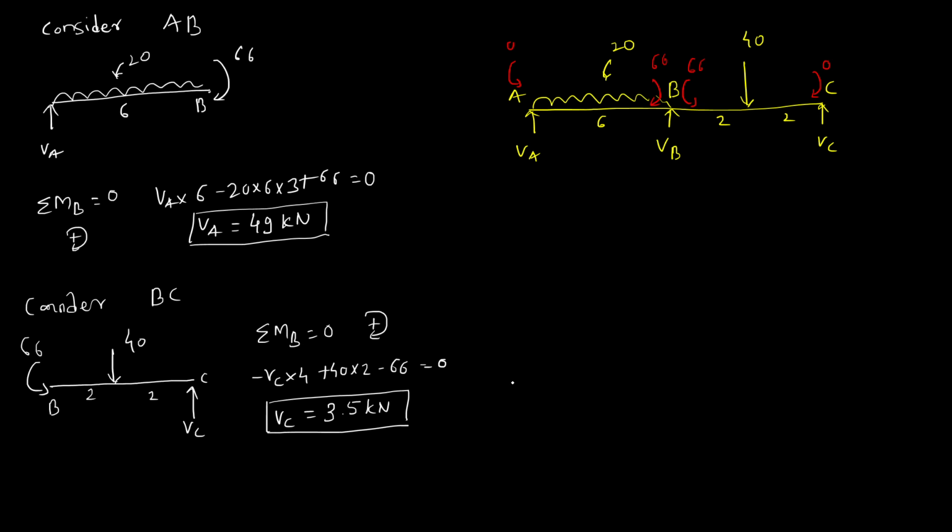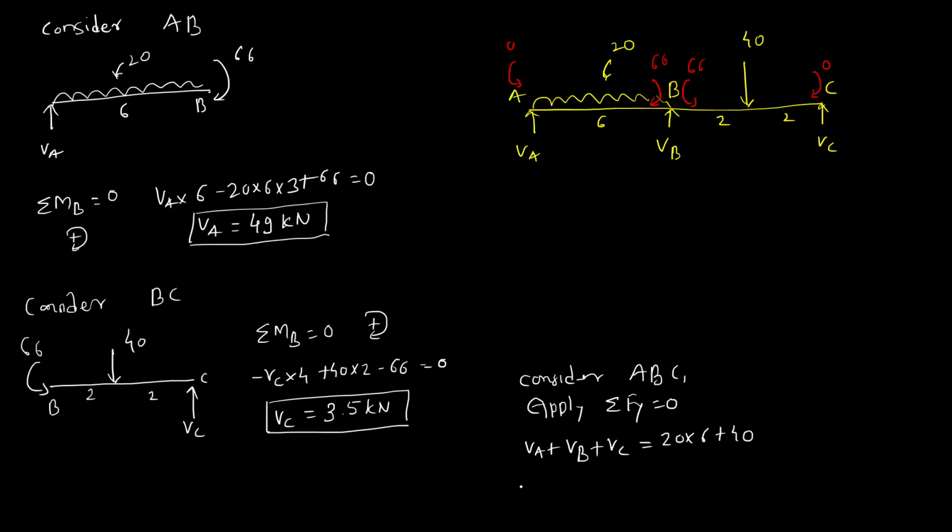Now the last step is to consider the entire beam ABC and apply sigma Fy is equal to 0. That means the sum of all the vertical forces is equal to the sum of all the vertically downward forces. So here it will be VA plus VB plus VC, and this is equal to 20 into 6 plus 40.